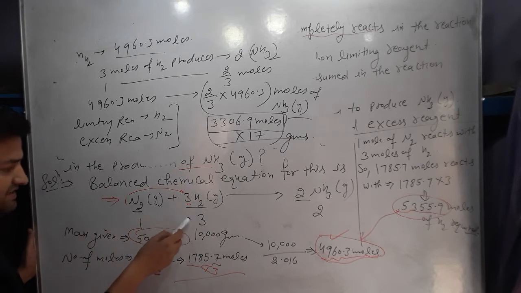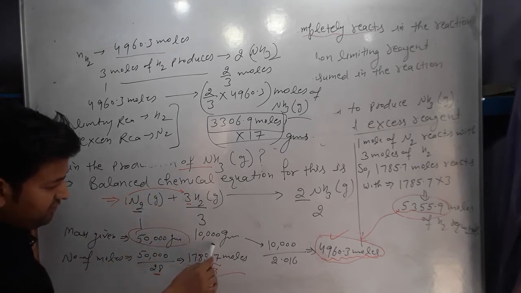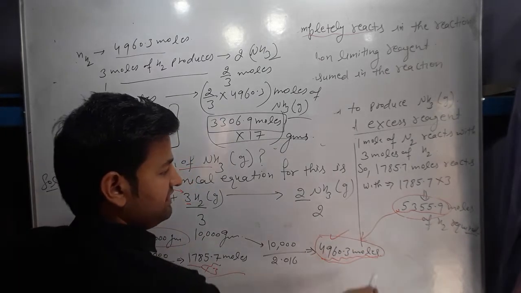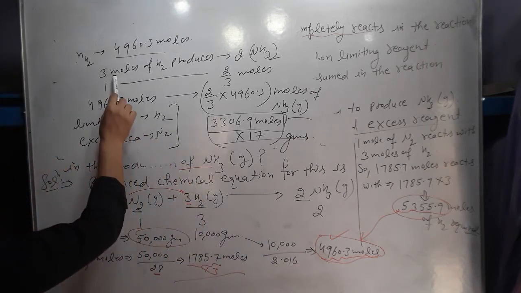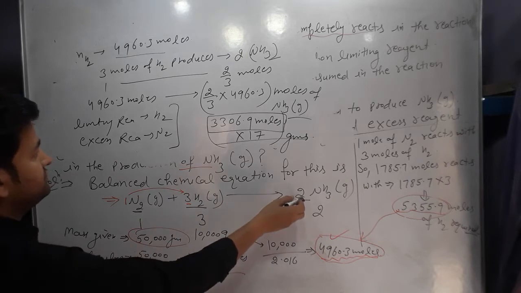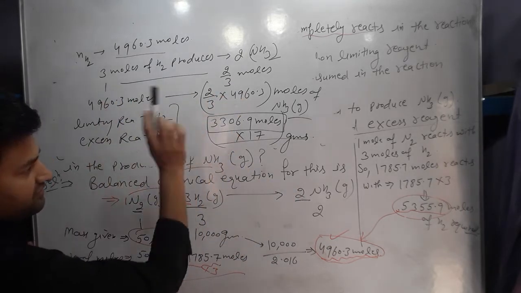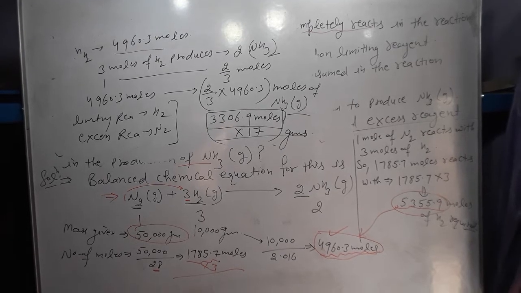According to the balanced equation, 1 mole of nitrogen reacts with 3 moles of hydrogen, so for these moles into 3, the required number of moles is this, but the present number of moles of hydrogen is less. So it acts as the limiting reagent, and the product forms according to it. 3 moles produce 2, 1 mole produces 2 by 3, so we can calculate the moles of ammonia formed and the mass as well.